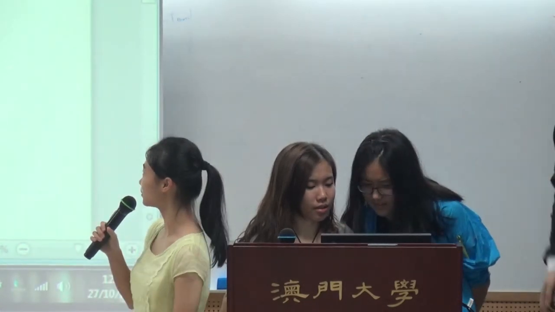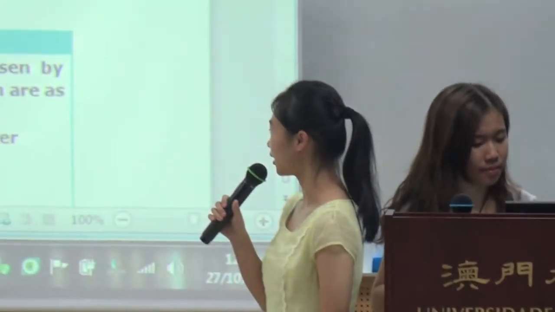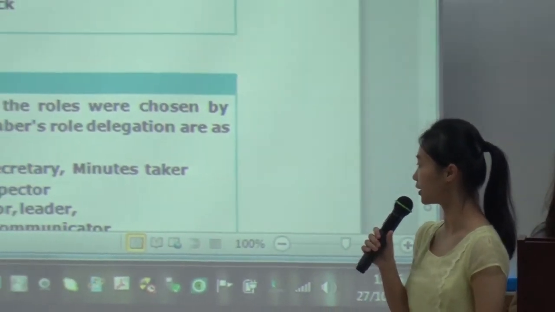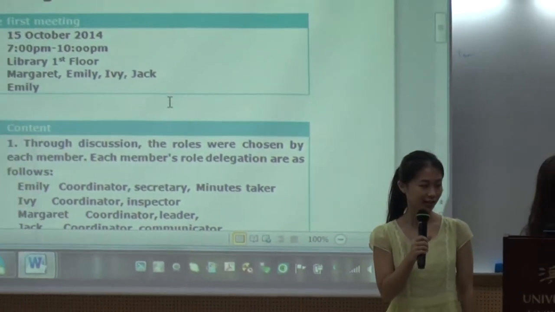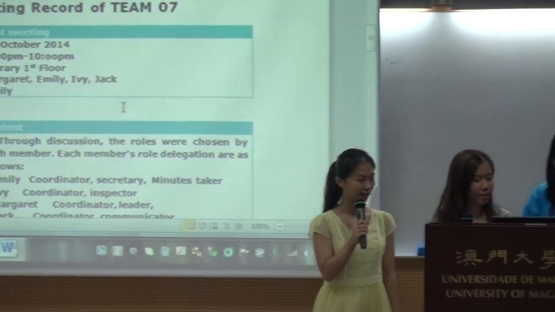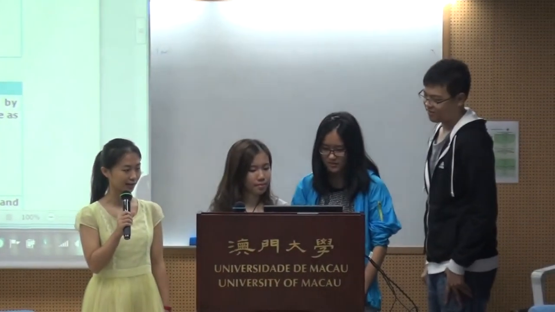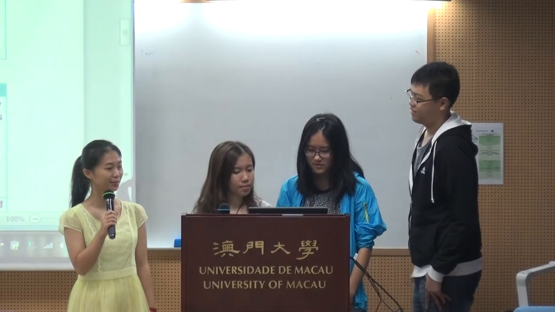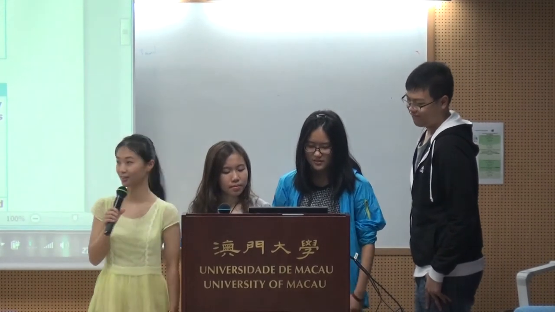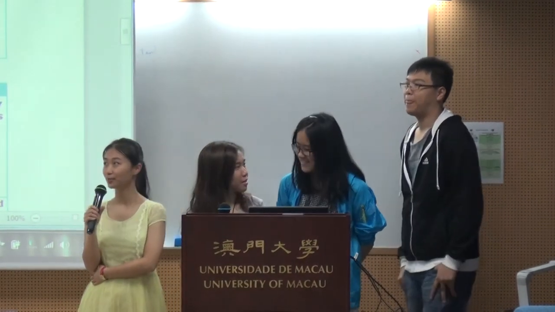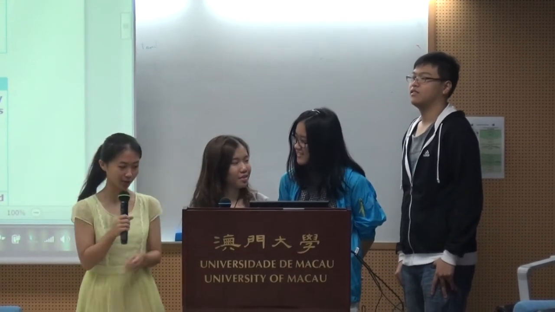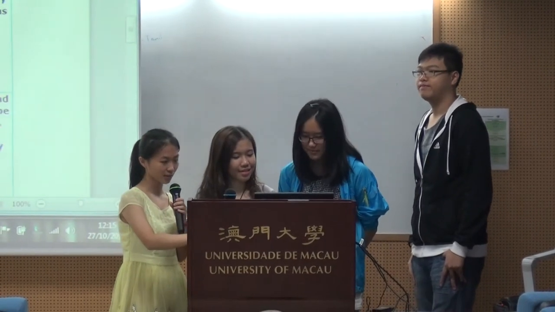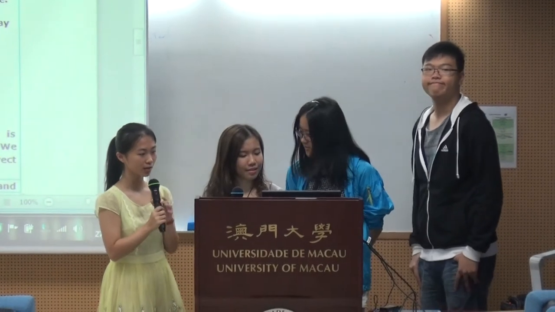Well, this is our first meeting minute in the Learning Control 3. I'm the coordinator and secretary, and Margaret is the leader and coordinator. Ivy is inspector and coordinator. Jack is the communicator and coordinator. In the first meeting minute, we talk about our pair topic.